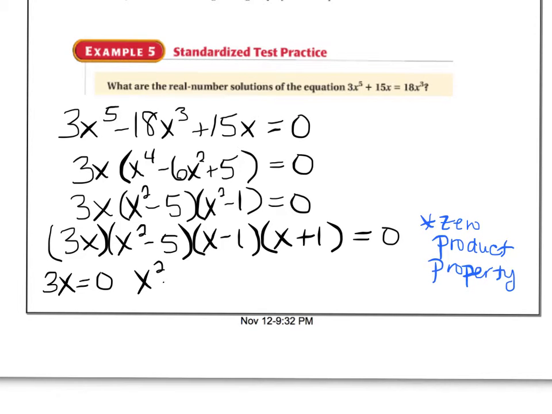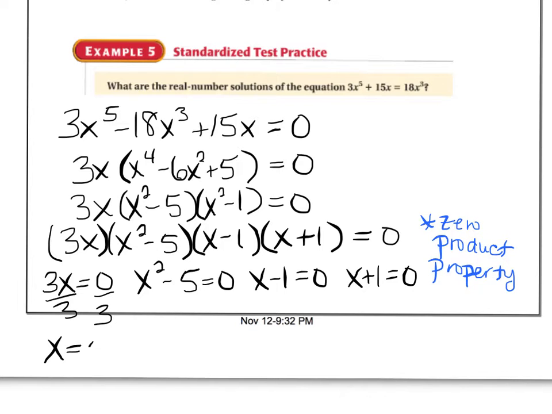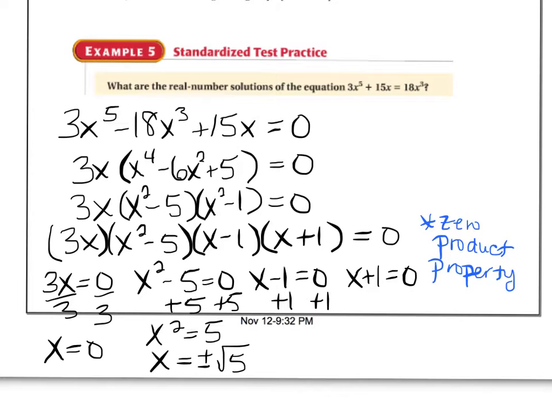So you take all your factors and set them equal to 0, and then proceed to solve them all. There are your 5 answers.